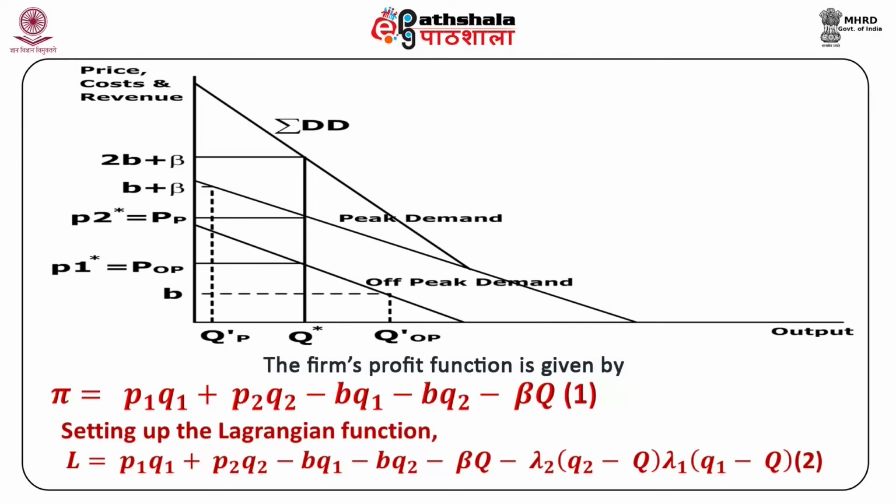is our fifth equation. The next equation is lambda 1 star greater than or equal to 0, minus Q1 star plus Q star greater than or equal to 0, lambda 1 star into (minus Q1 star plus Q star) is equal to 0, equation 6.